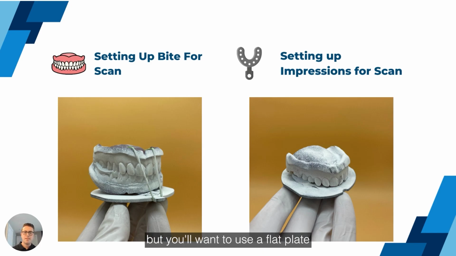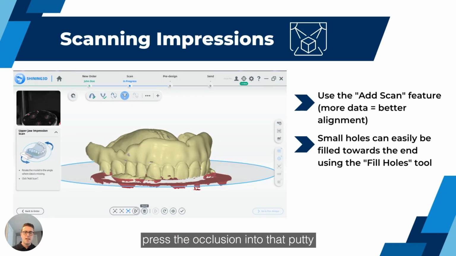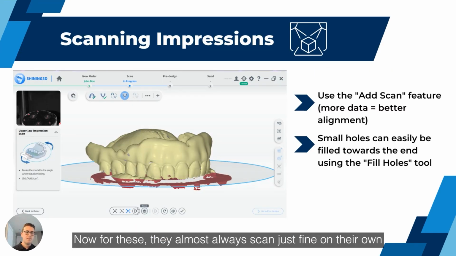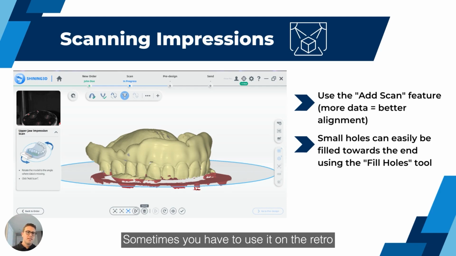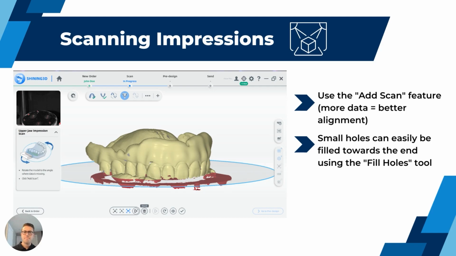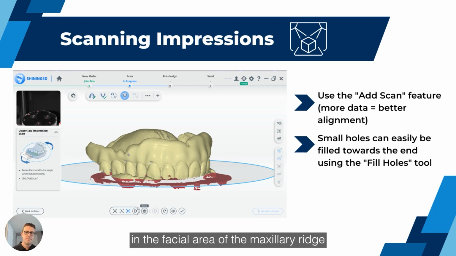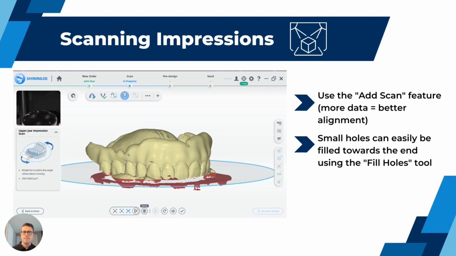It doesn't really matter, but you'll want to use a flat plate, press the occlusion into that putty, and then go ahead and hit scan. Now, for these, they almost always scan just fine on their own. You usually don't have to use the add scan feature too much. Sometimes you'll have to use it on the retromolar pad region of the lowers, or in the facial area of the maxillary ridge.